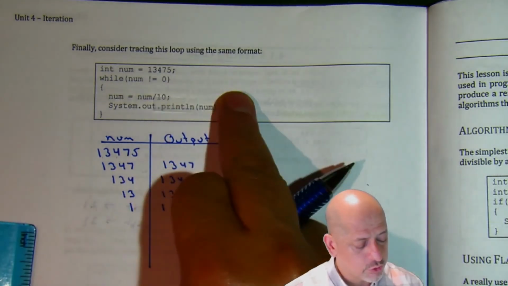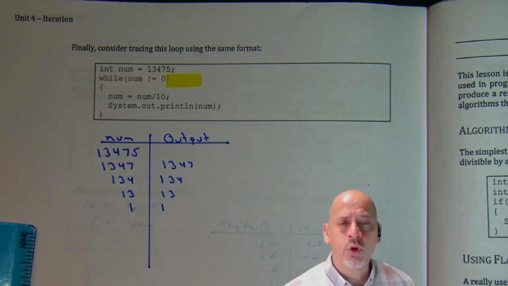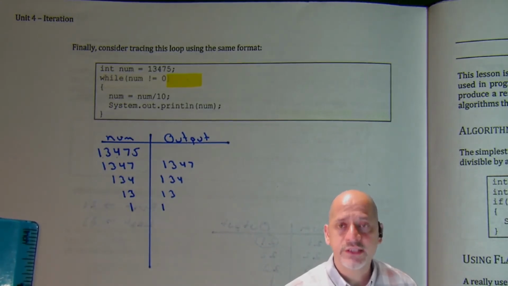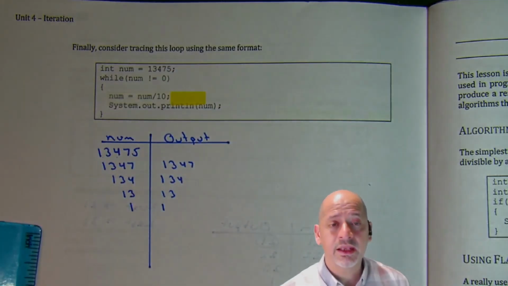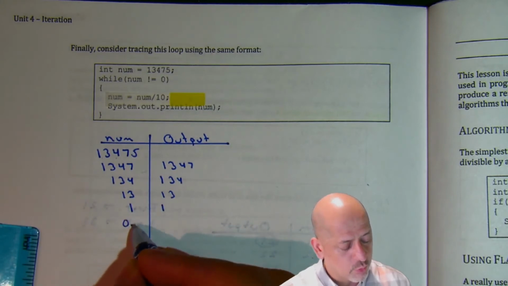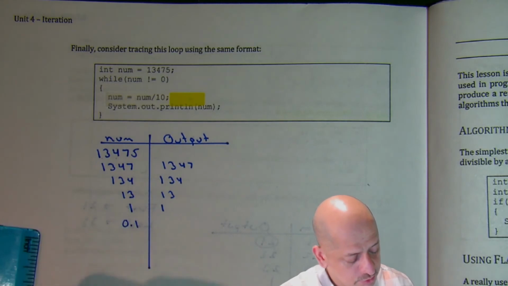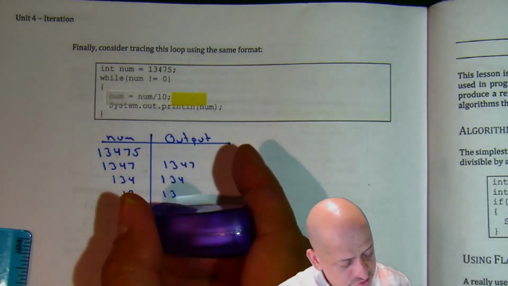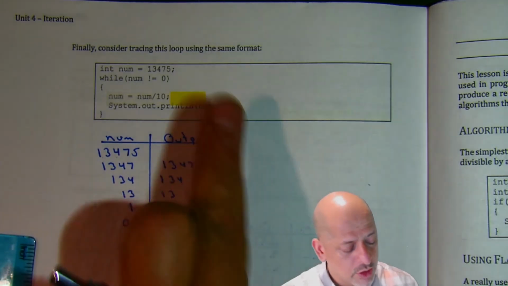Once we print it, we're going to go through another iteration. Now we're going to say, is 1 not equal to 0? That is a true statement. So therefore we go inside, we're going to divide by 10. When we divide by 10, it's going to be 0.1. But because that is an integer, the decimal is going to get chopped off. So now we have 0. We are going to print the 0.